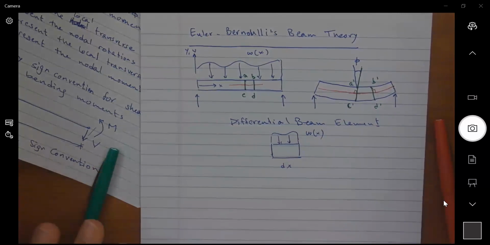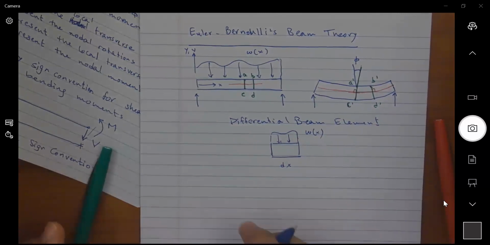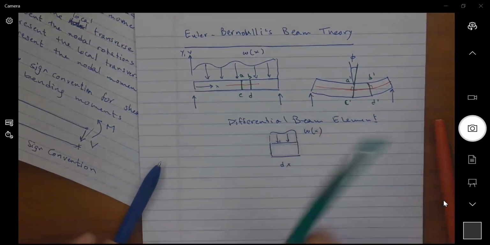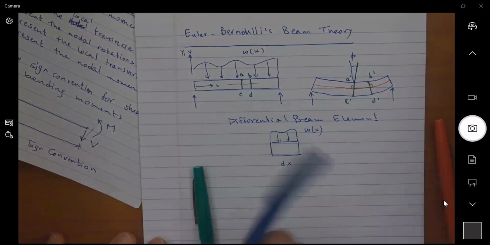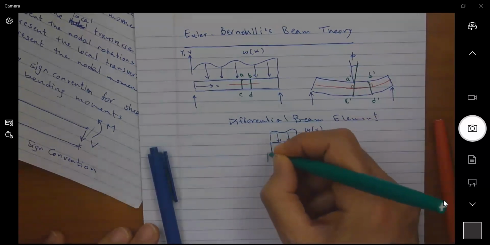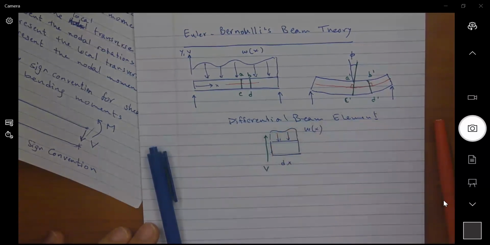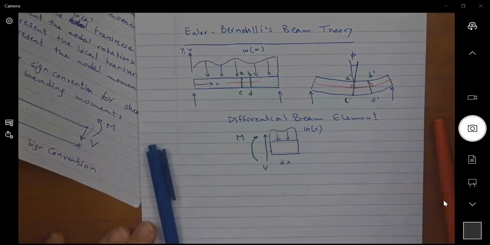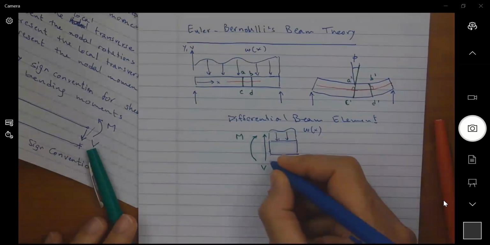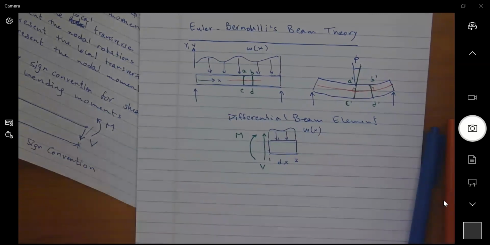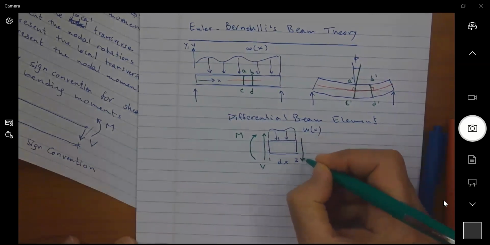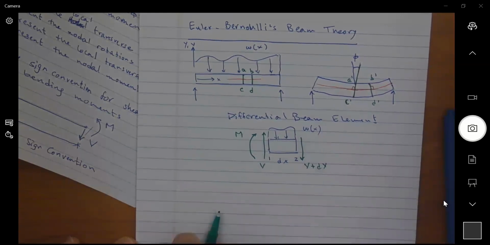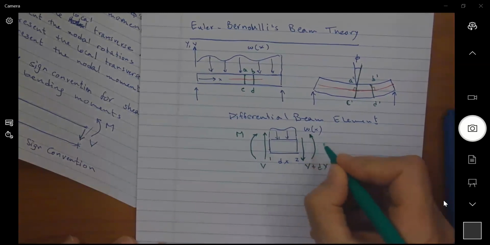And when I cut this section of the beam, I'm going to need to show the internal forces. So on the left side, I'm going to get this shear force V and bending moment M using the positive sign convention. And if I refer to this as 1 and this is 2, at 2, I am going to get a V plus dV. And I'm also going to get an M plus dM.